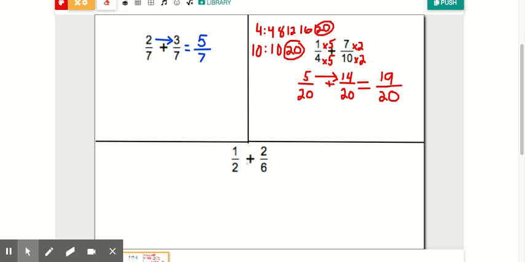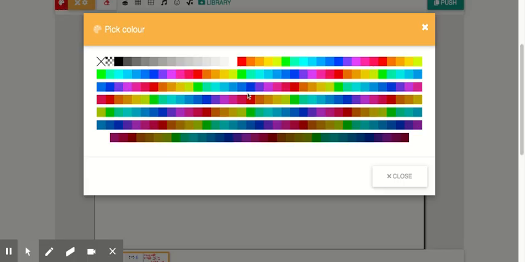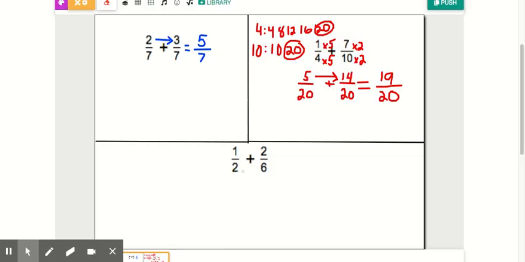In your last ditch effort, to get the same denominators, you are allowed to multiply the denominators by each other. So I took this 2 and I multiplied it by the 6, and I'm taking the 6 and I'm multiplying it by the 2 of the other denominator. Now, this isn't going to get you the least common multiple all the time, or the least common denominator, but it's a way to get those denominators the same, so you can go ahead and add across.